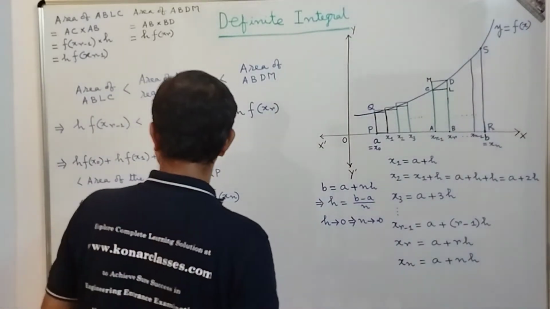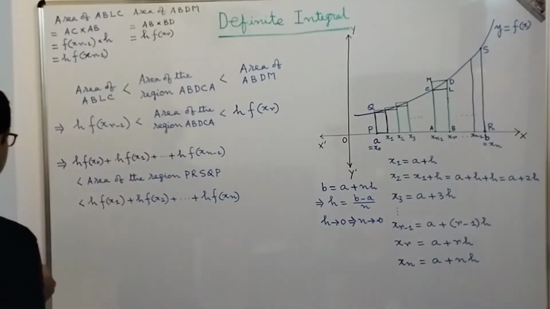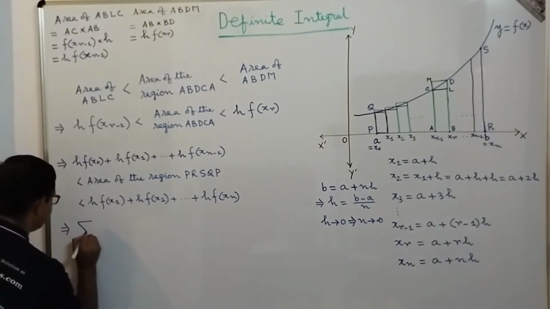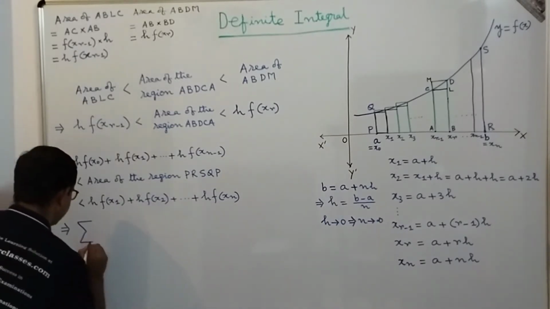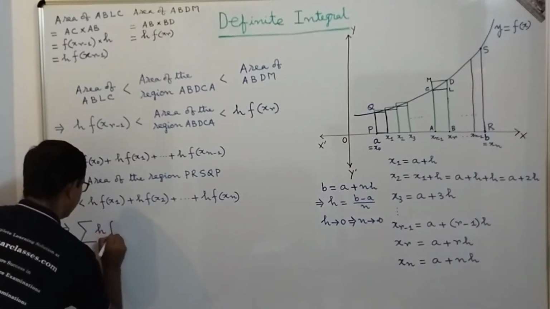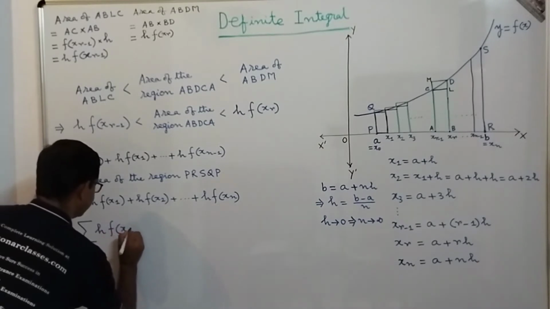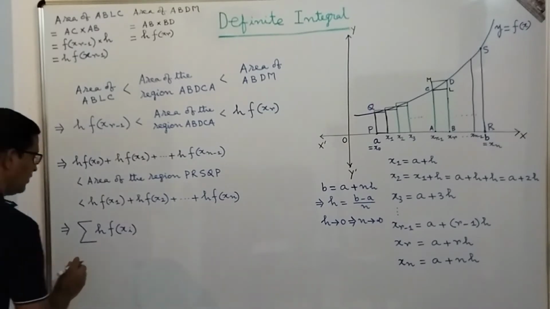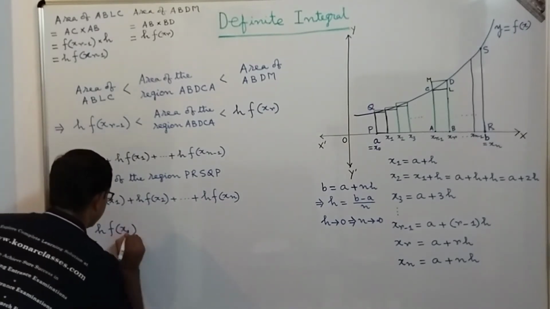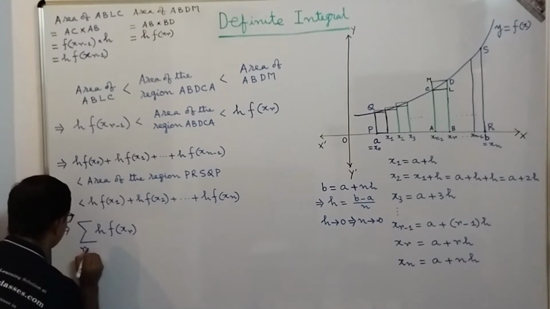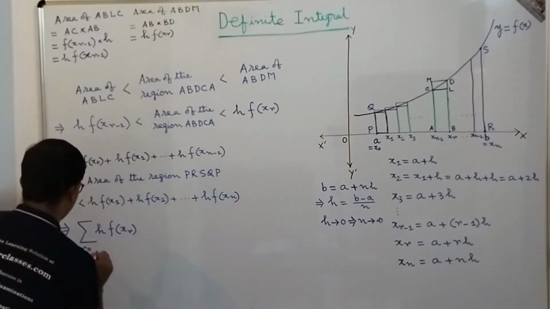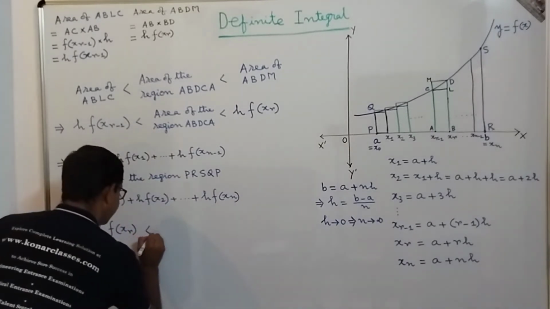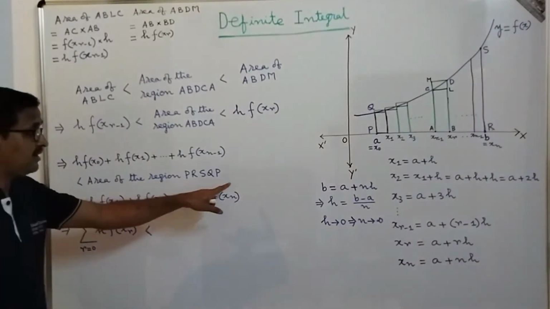So that is the proposition we found. Okay, so dear students, from here we can write that summation of h into f of xr, where r is varying from 0 to n minus 1, is less than the area of the region PRSQP.